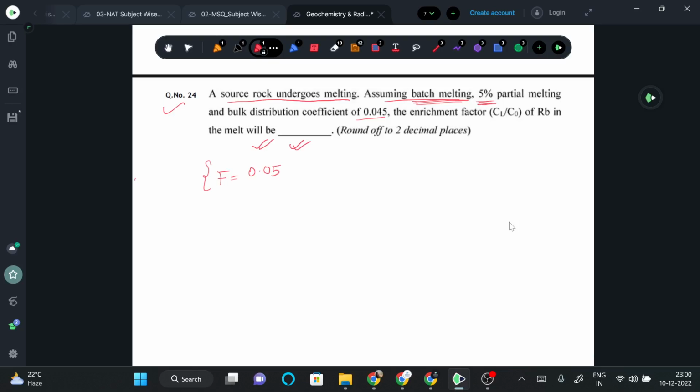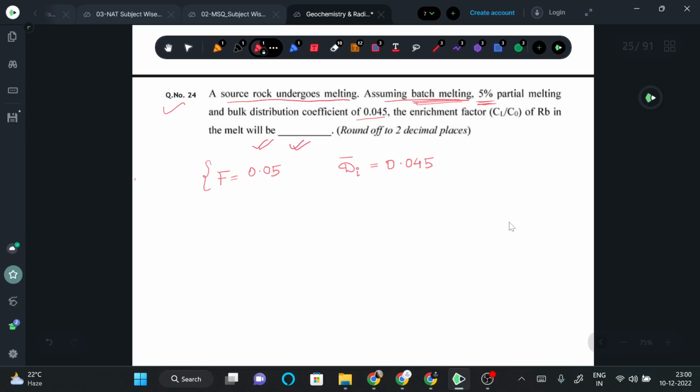So 5 by 100 is 0.05. F value is given to you. Then bulk distribution coefficient is given to you. Bulk distribution coefficient is Di bar. Most of the times you need to calculate Di bar, but here this question is simple since Di bar is already given. So Di bar is 0.045.